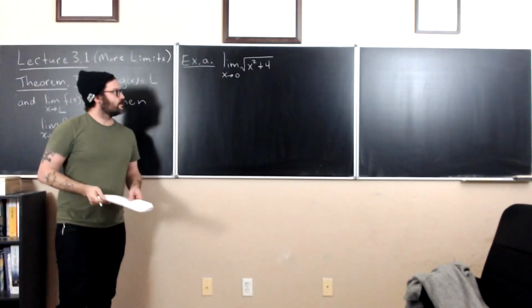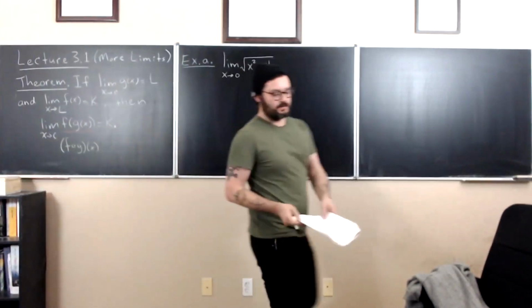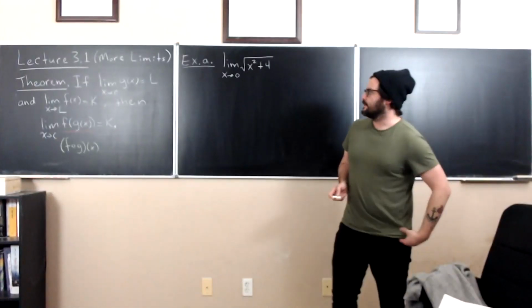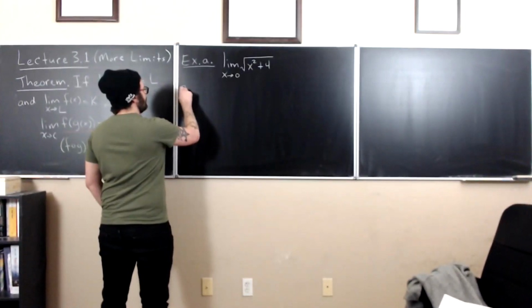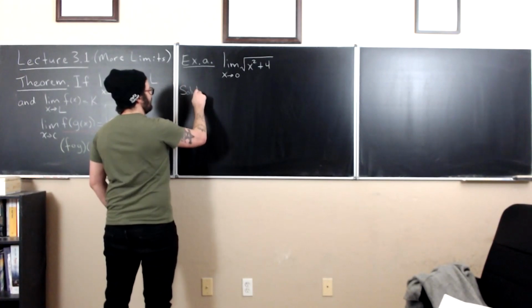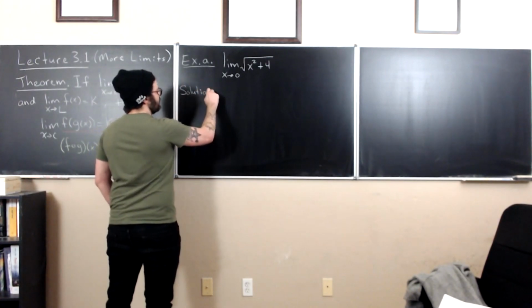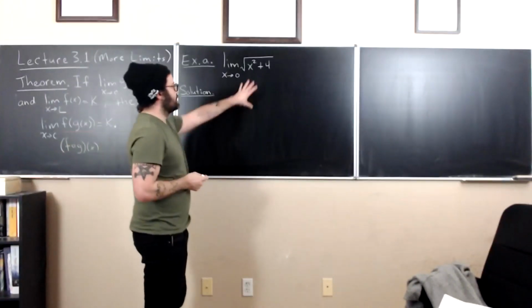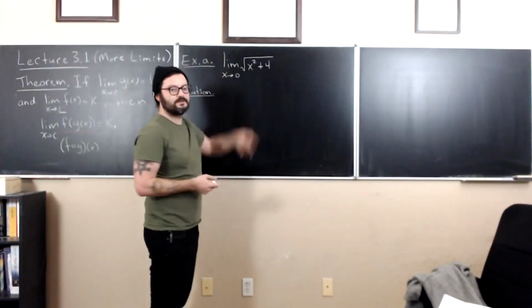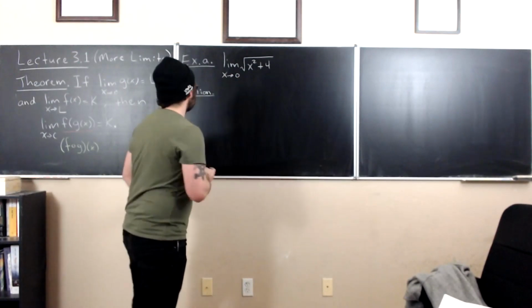Now we can think of this as a composition of functions. Maybe this would be a way that you would write a solution, but I'm going to go through the details of how we can apply that theorem to this special case.